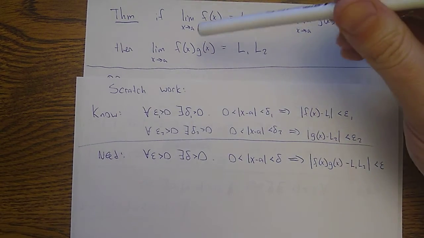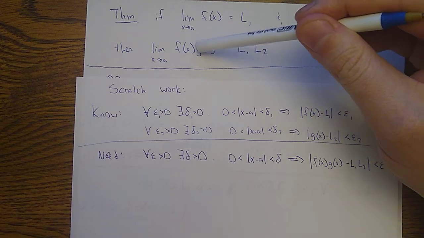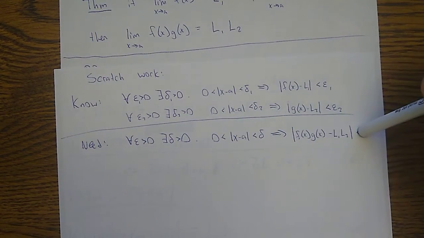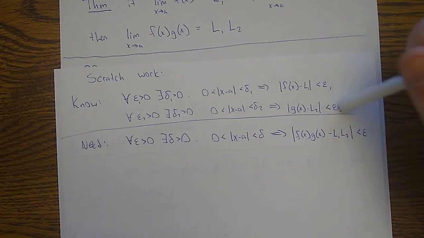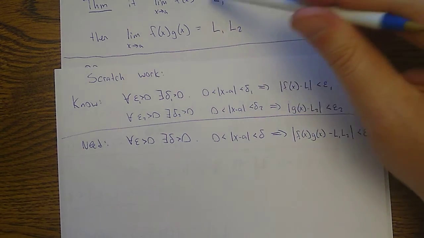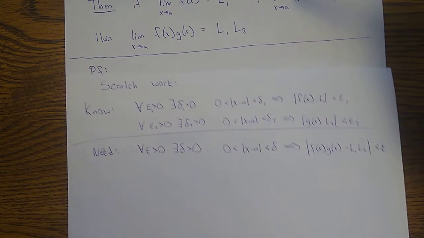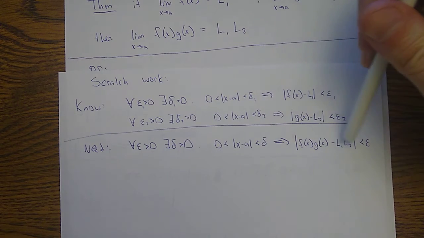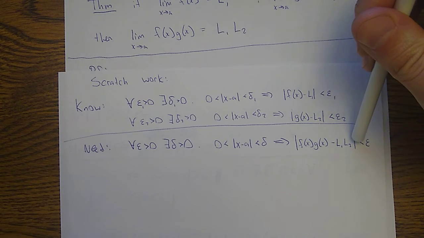And what I need to prove is that the limit of f of x times g of x is L1 times L2, which means this. These are just the translations of my two assumptions and my desired conclusion in terms of epsilons and deltas, because every limit statement is equivalent to another statement about epsilons and deltas. So let's take a look at the one that I need.